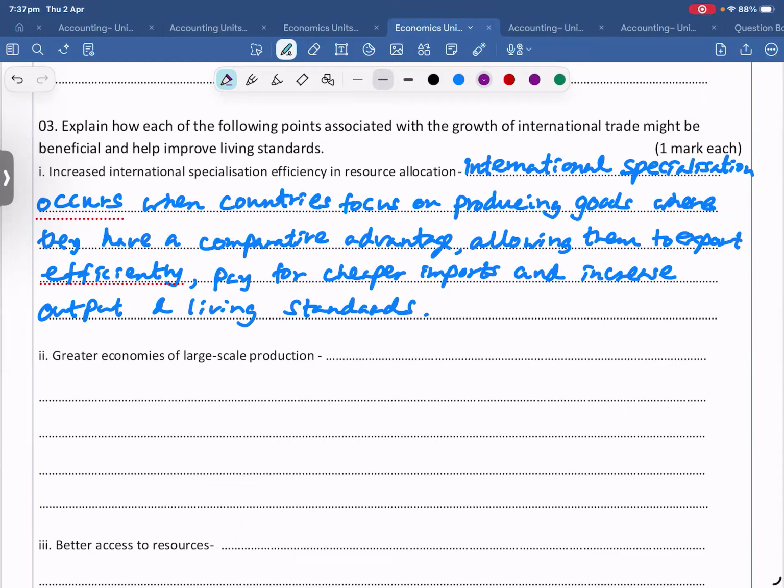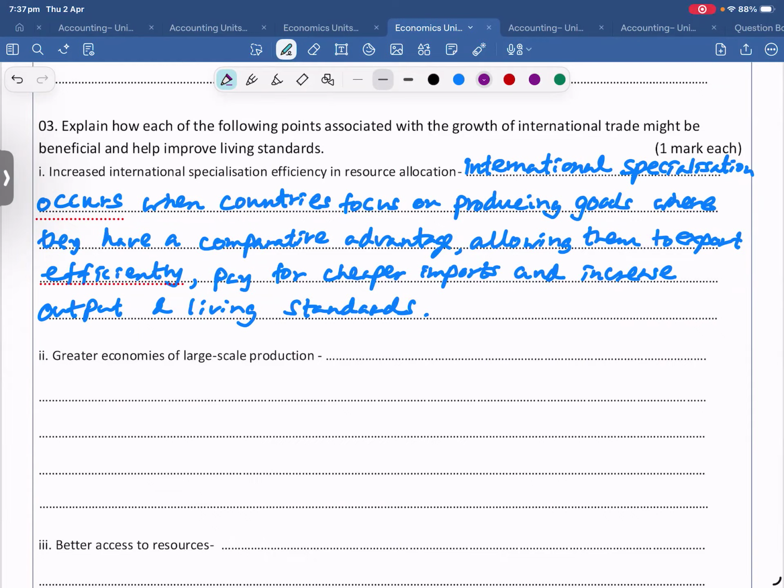But in this case, what is happening? Same thing for the countries as well, because the countries also will focus on doing what they are best at. For example, Australia is doing mining, then education, tourism, and restaurants.